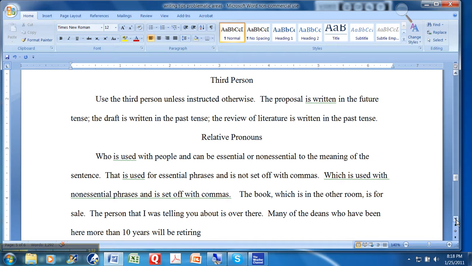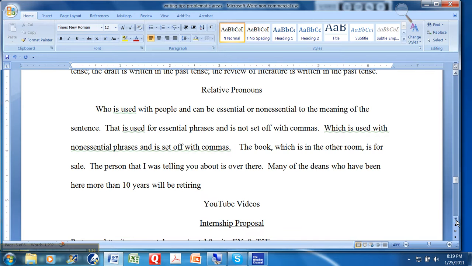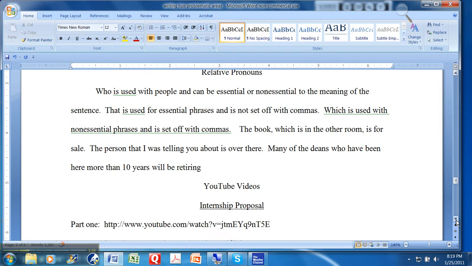Relative pronouns are sticky for people, and I didn't understand them until I started teaching this. This is who, that, and which. So who is used with people, and it can be considered essential or non-essential to the meaning of the sentence. And whether it's restricted, non-restricted, essential, non-essential, it means whether you're going to use commas or not.